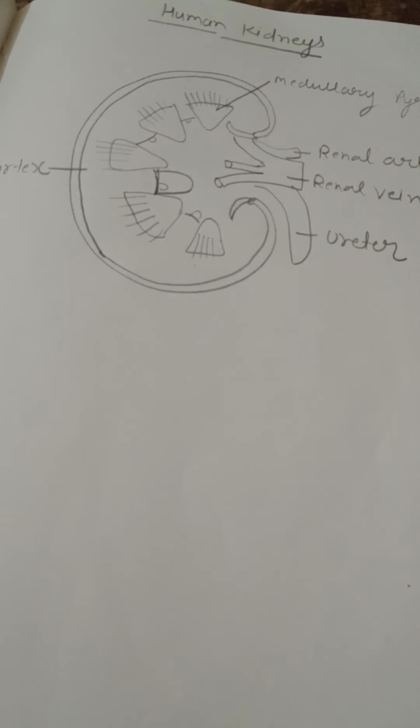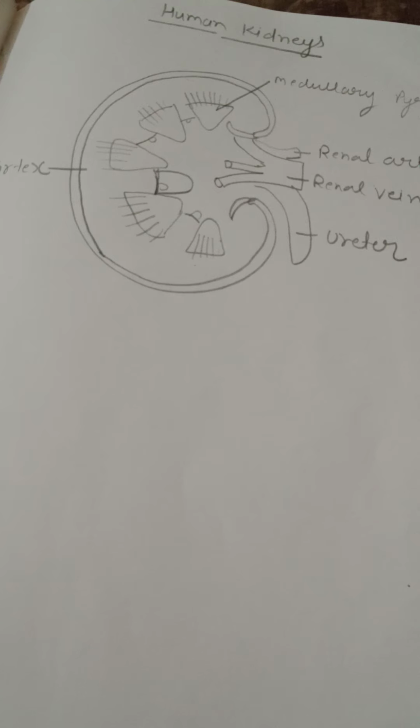Not function yet, but we describe structure in this lecture. The kidneys are at the back of the abdominal cavity, one sitting on each side of the spine. Always remember that the right kidney is generally slightly lower than the left, to make space for the liver.